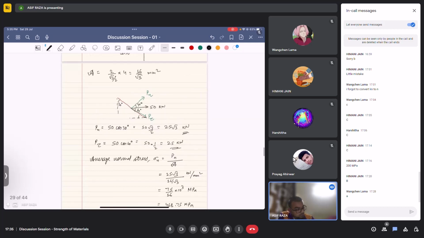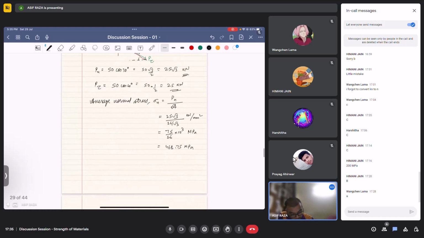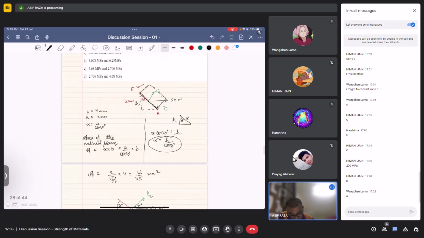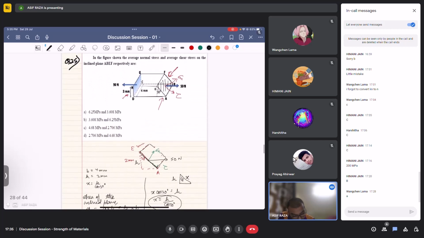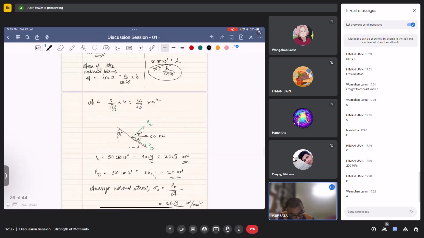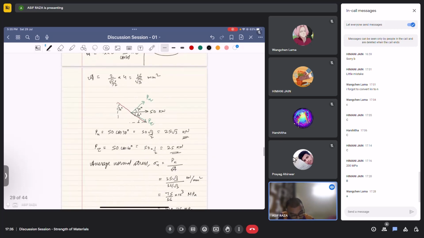Please do pitch in if I make a mistake anywhere. Okay, and it really seems I am making a mistake. The mistake is that it's given as Newton, and I took it here as kilonewton.